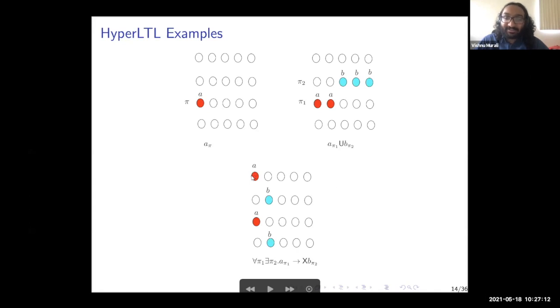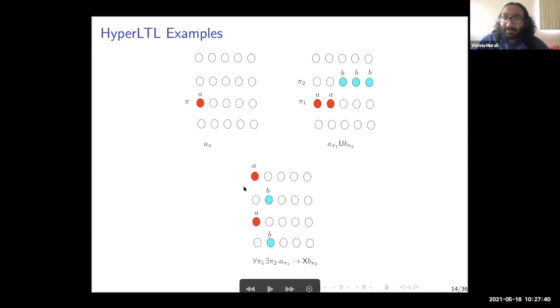For this trace, it initially satisfies A, and there exists a trace, the second one, so that it satisfies B at the next position. So these pairs satisfy the property. Similarly, the second one satisfies this property trivially as it does not initially satisfy A. Third and fourth, similar to the first and second, satisfy the property. And so we can say that this set of traces do satisfy this HyperLTL example.